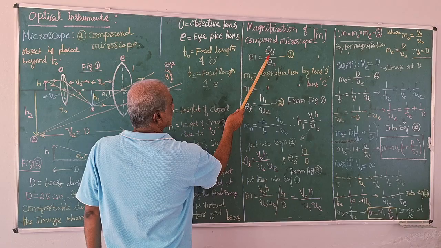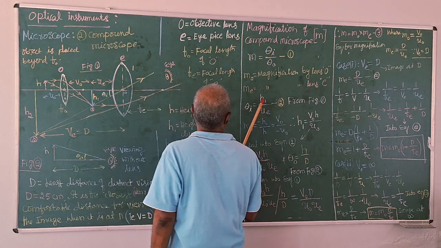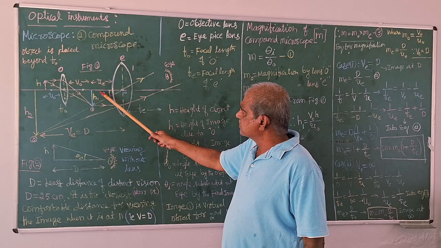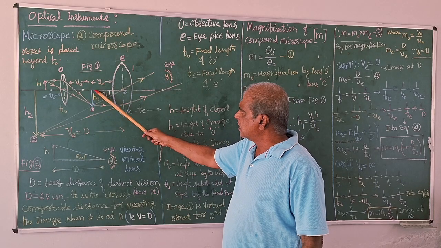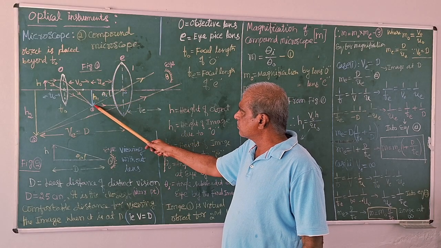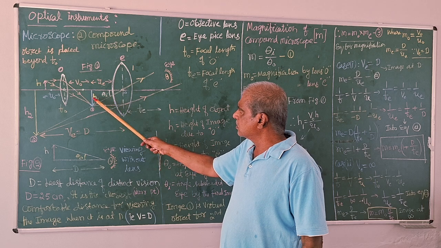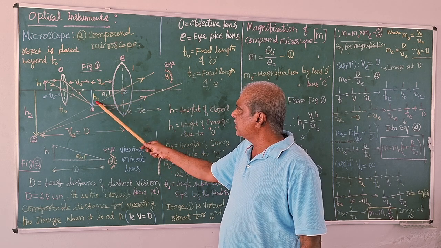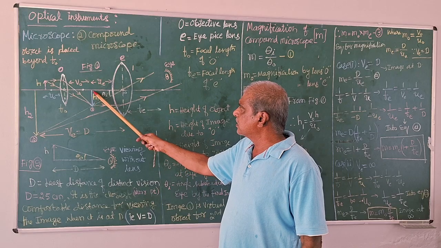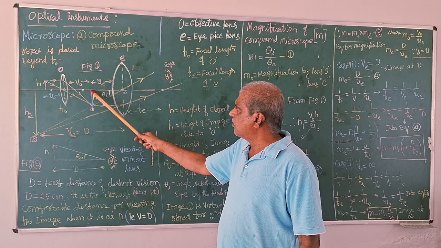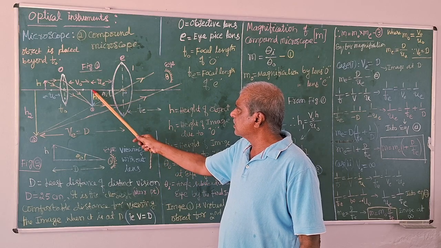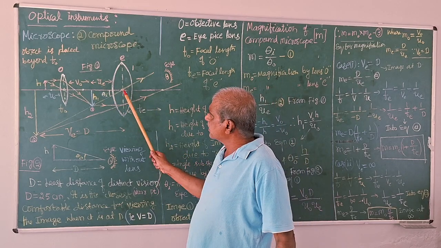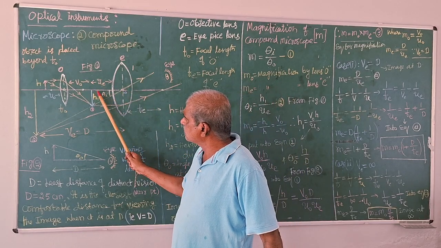Theta I, you can define in this diagram, from figure 1. In this right angle triangle, theta I equals opposite divided by adjacent side. That is the height of the image h1, divided by the distance of the virtual object for this lens, uv. So h1 by uv. I am taking this triangle because this is measurable.